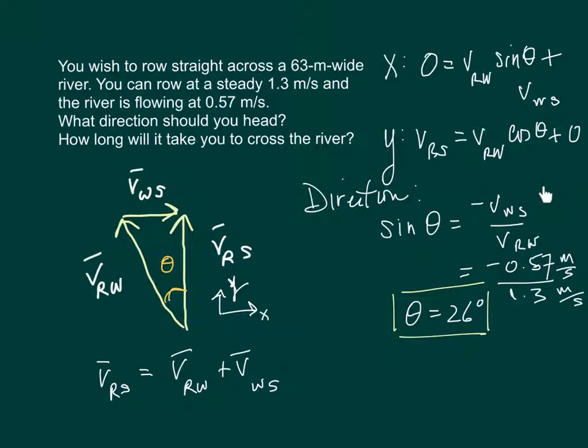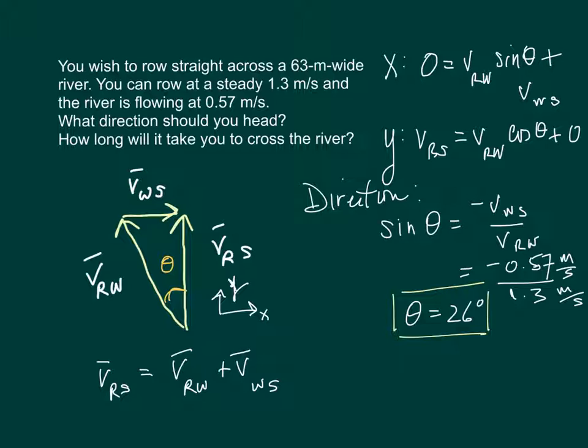It's the ratio of these two magnitudes, the velocity of the current over the velocity you can row with respect to the water. And that's just these two values here, 0.57 over 1.3. If you plug that into your calculator to get the inverse of the sine, you'll find a quantity of 26 degrees.